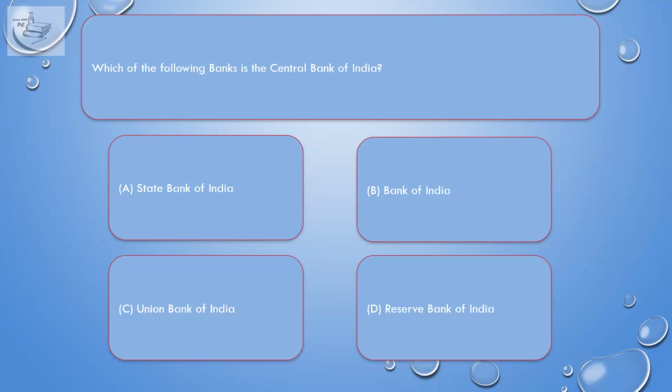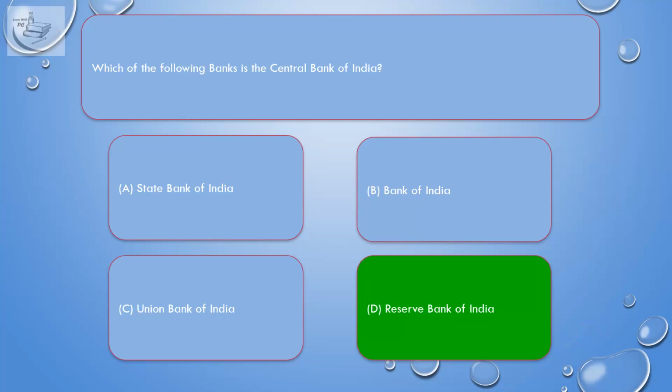Question: Which of the following banks is the Central Bank of India? A. State Bank of India, B. Bank of India, C. Union Bank of India, D. Reserve Bank of India. Correct answer is D. Reserve Bank of India.